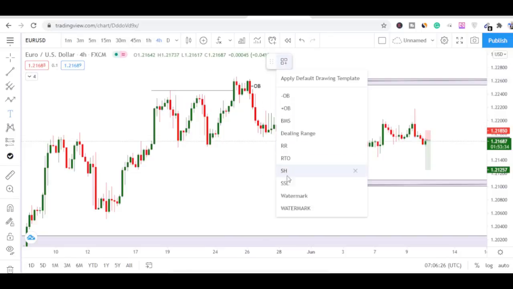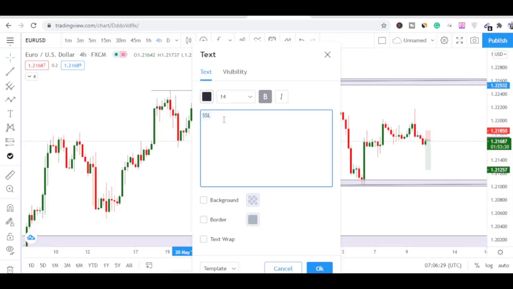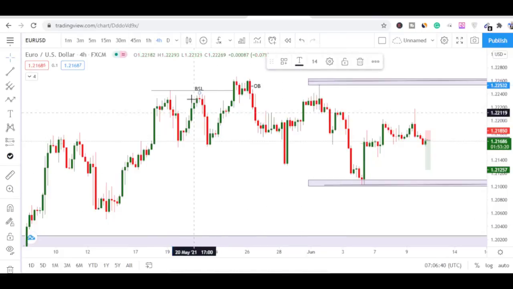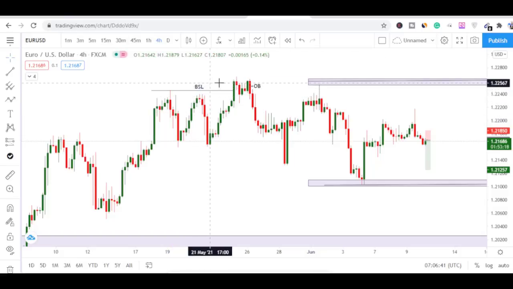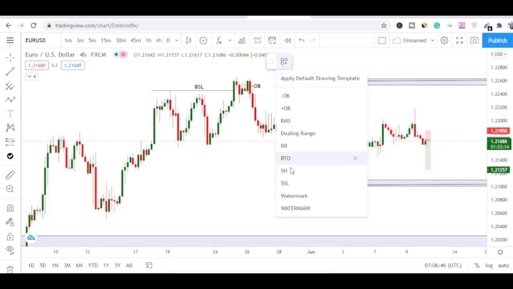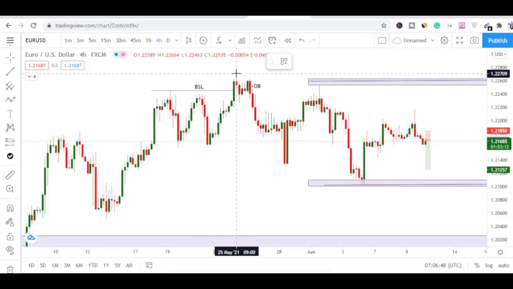And this is going to be the buy side liquidity, right? This is going to be the buy side liquidity there. And we also have the stop on there.